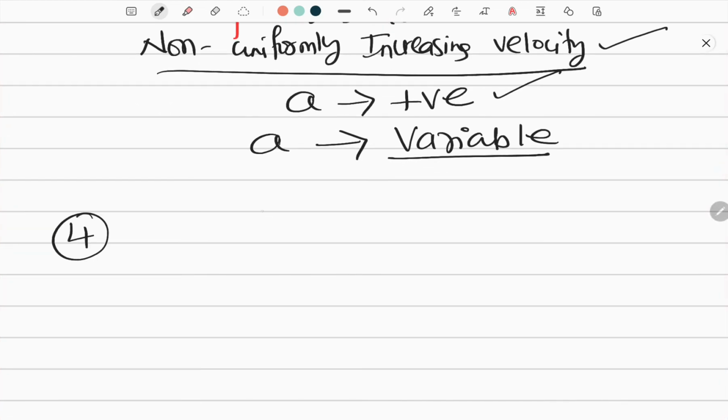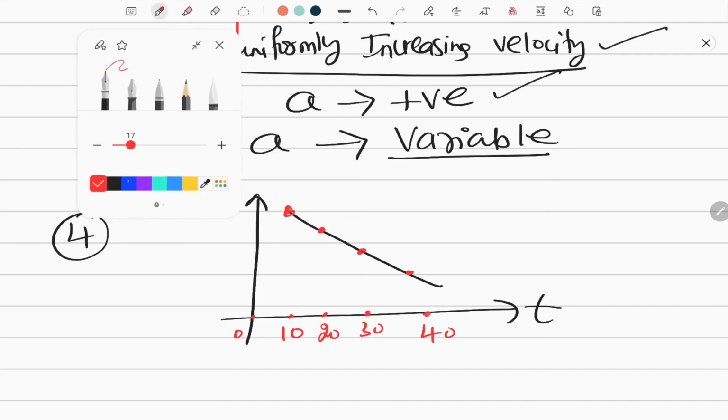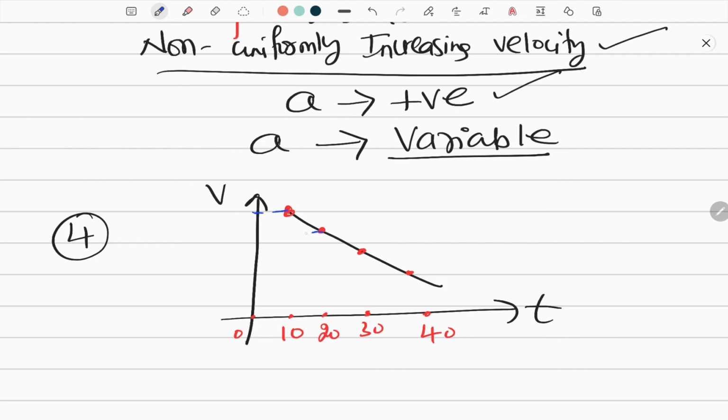Then the fourth one is quite simple. Again, you have studied this already, T and V, and if it is coming like this, what is happening here, just tell me. The velocity is decreasing, but how is it decreasing? Look here, 0 to 10 seconds, 10 to 20, 20 to 30, 30 to 40. If you check all these velocities, they are decreasing for sure as time is passing, but how?